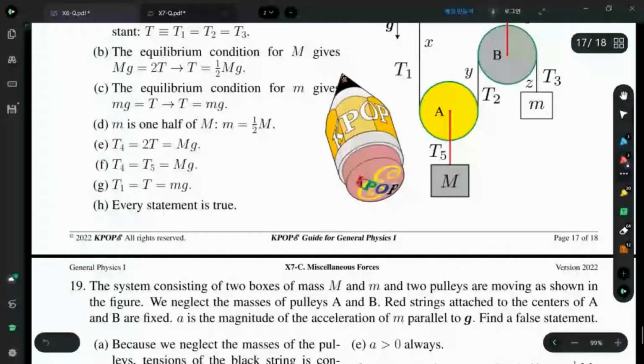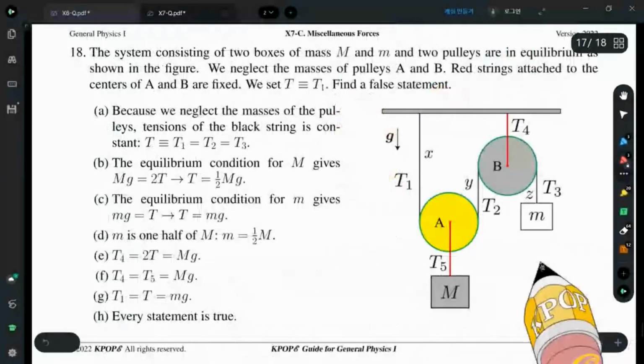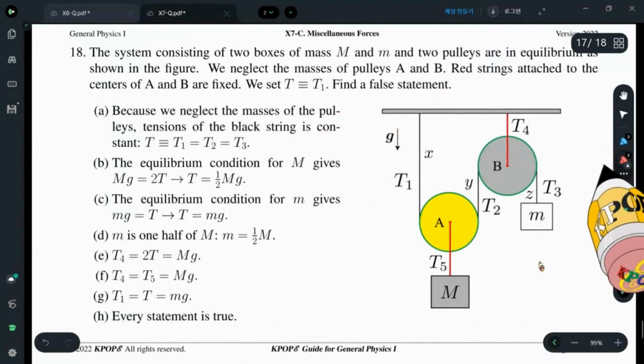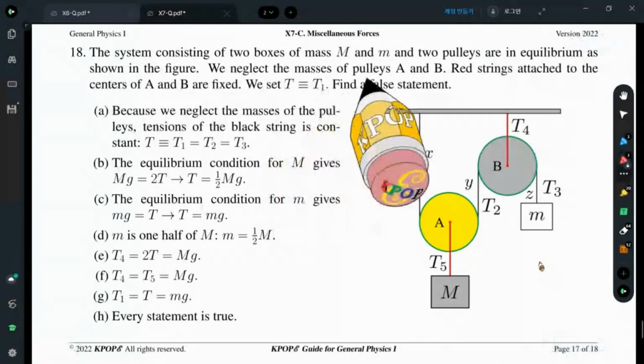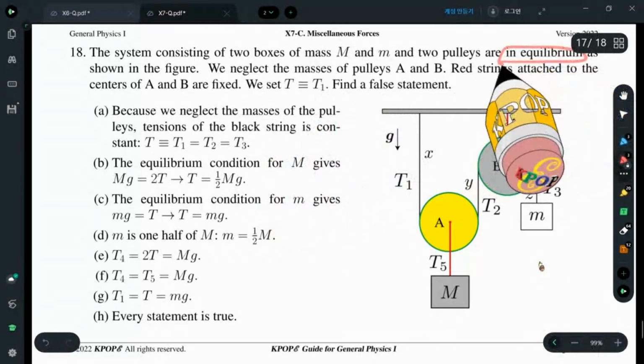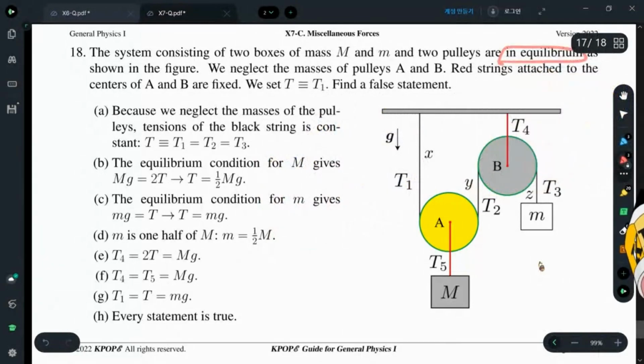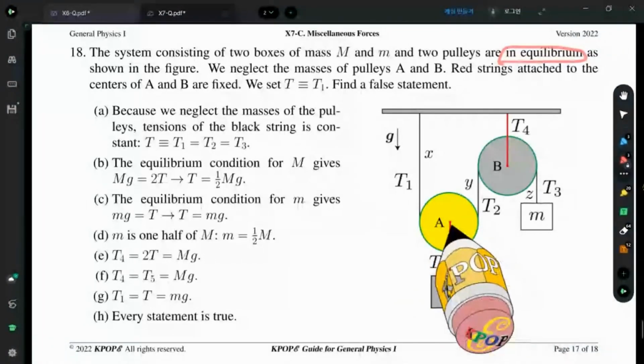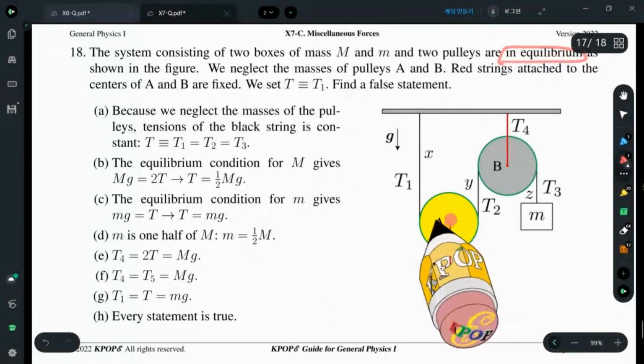So 18. This is a little bit complicated, but here we have a very simple case. They are in equilibrium. Anyway, we have a massless pulley.